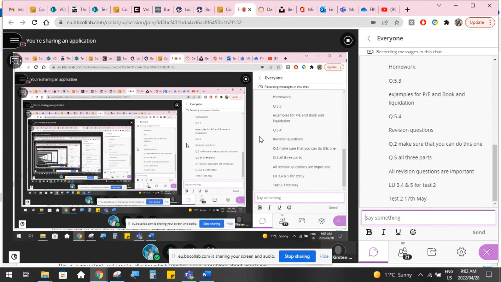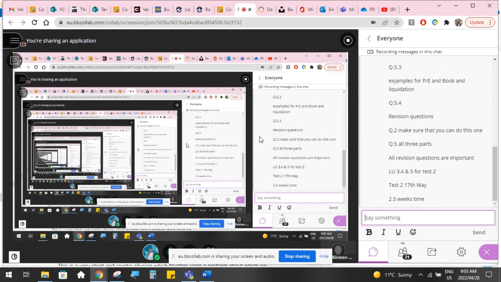So we basically only have 2 weeks, and if you count this weekend, 2.5 weeks time. You've got 3 learning units to cover in 2.5 weeks, and that's 3 learning units with quite a dense amount of work in them. So you've basically got 3/4 of a week per learning unit for your revision for test 2. It's a lot to cover, so please make sure that you start immediately on that revision for test 2.